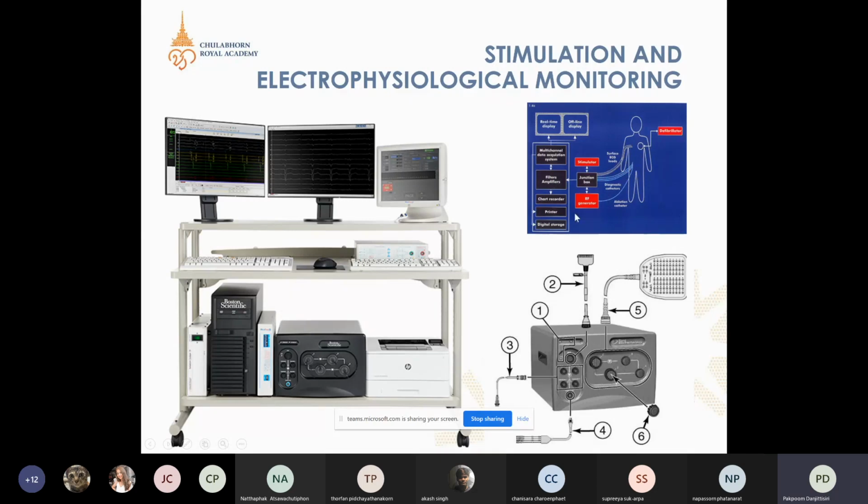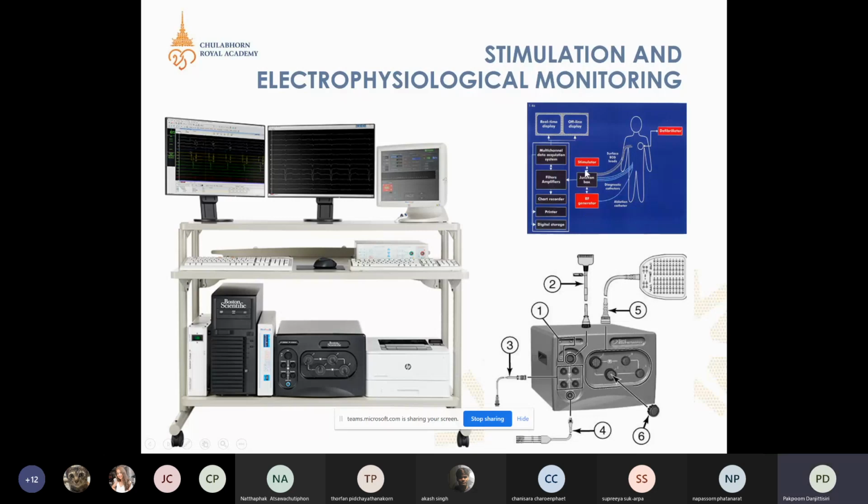Can you see this? The junction box is over here, the number 5. The junction box will be connected to the filters amplifier over here, the number 5, right? And the body surface ECG, the number 2, will be connected to the amplifier as well. This one.